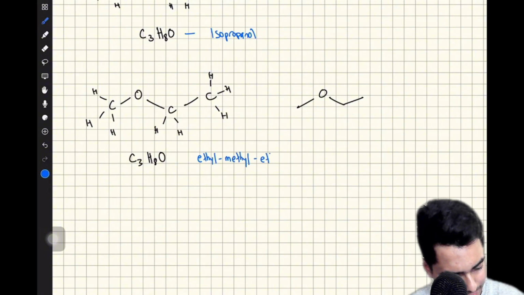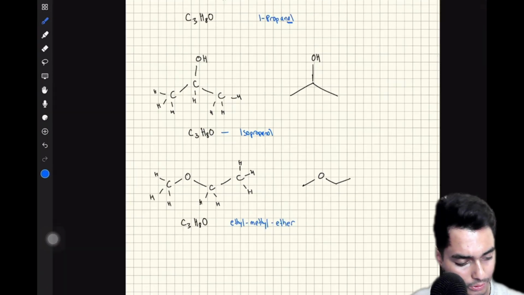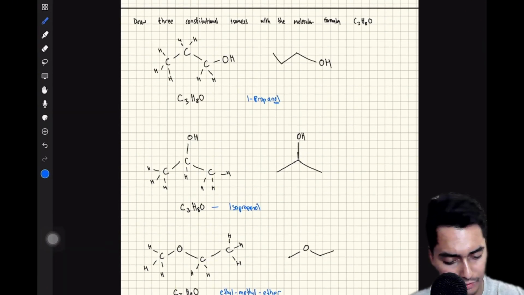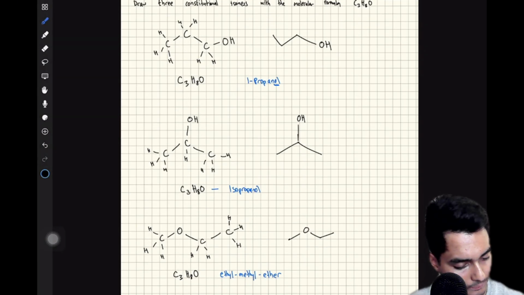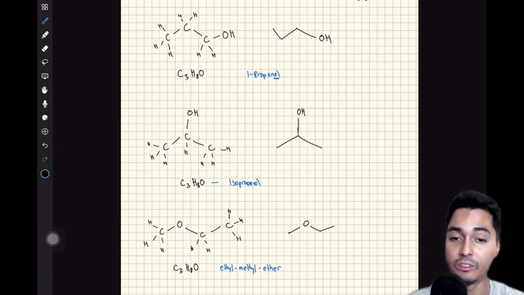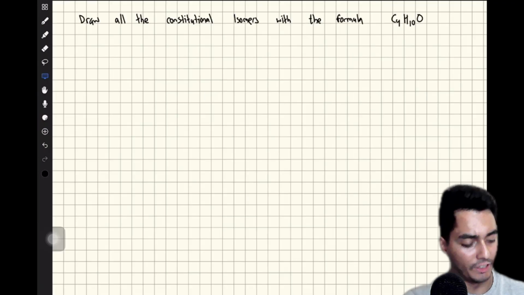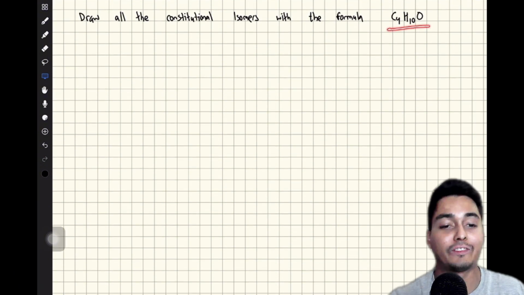Okay, so again, these are the 3 isomers of C3H8O. Same formula, different structures.